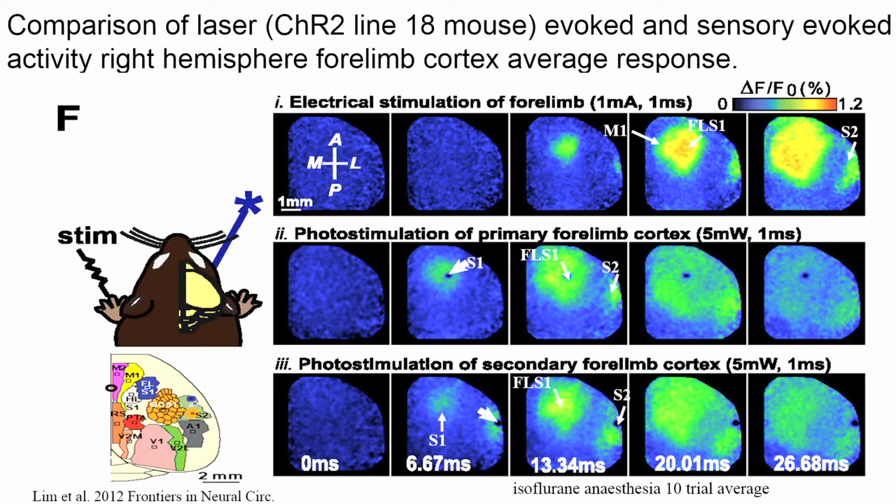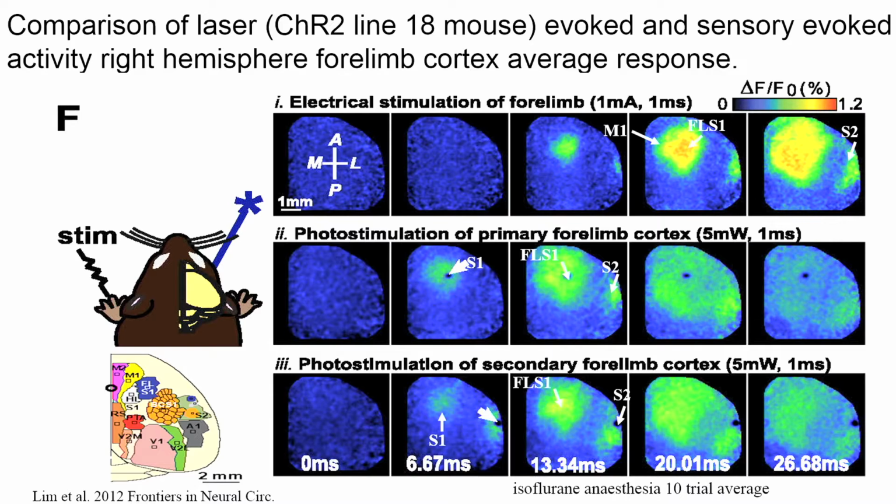And what you see is you get activation around the laser spot, but you can also pick up this little island of activation, which is exactly in the same place as S2 that you get when you naturally stimulate the forelimb.